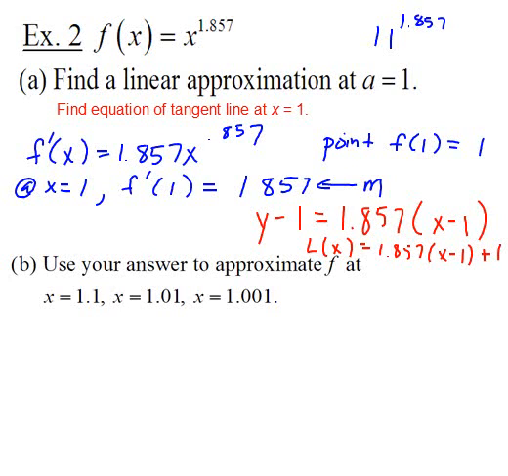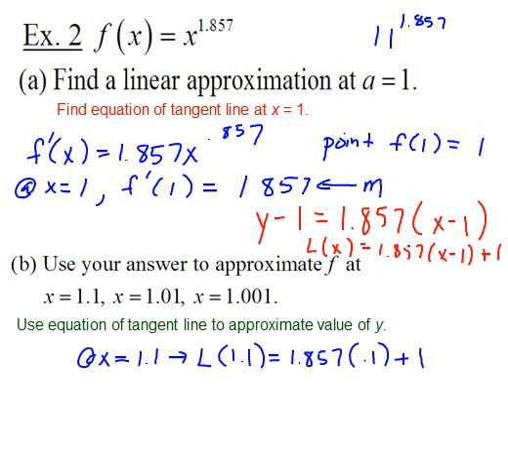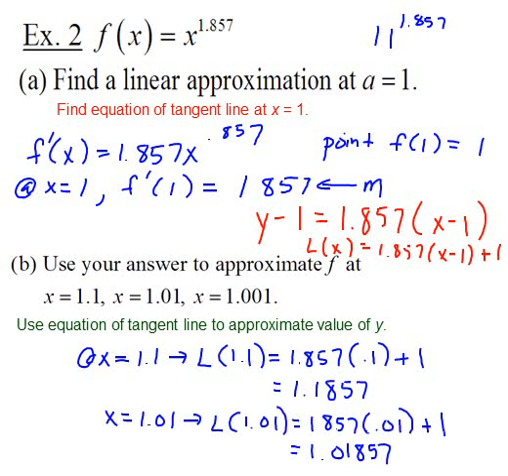In part B, we'll use the linear approximation to estimate values of f at 1.1, 1.01, and 1.001. Just plug these values in for x in the linear approximation we just found. Notice that these work out nicely without a calculator if we leave our linear approximation in point-slope form instead of simplifying it first.